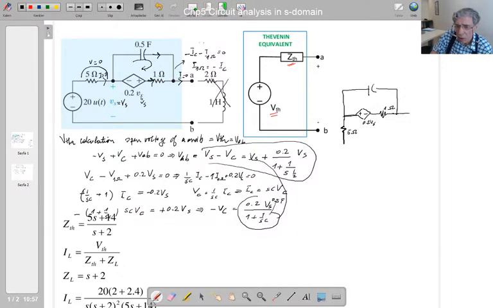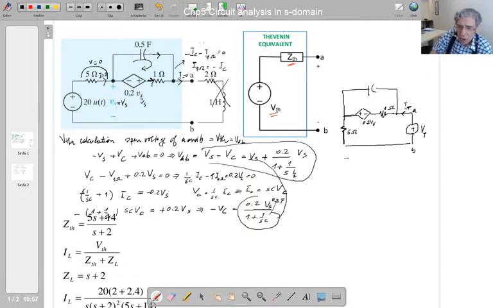Now I am saying I am going to apply between the terminals A and B a test voltage Vt and find out that It, which is delivered by this independent source, It current.